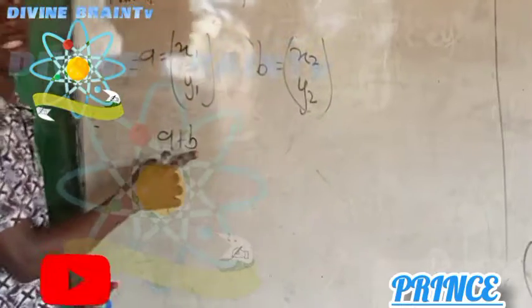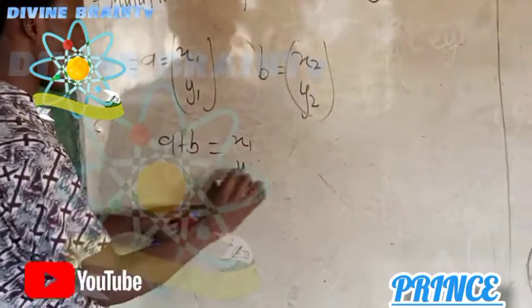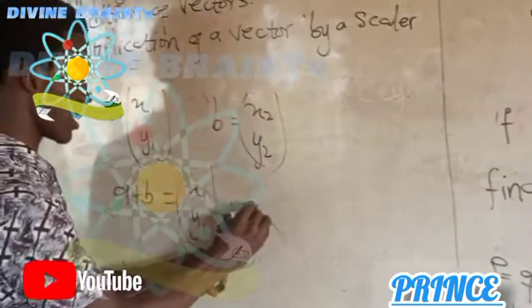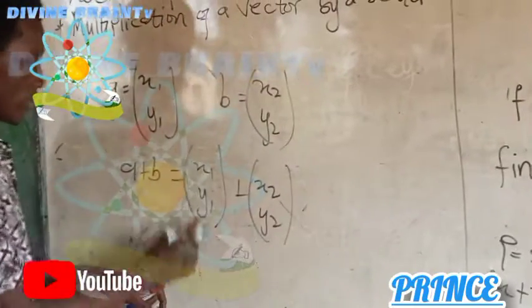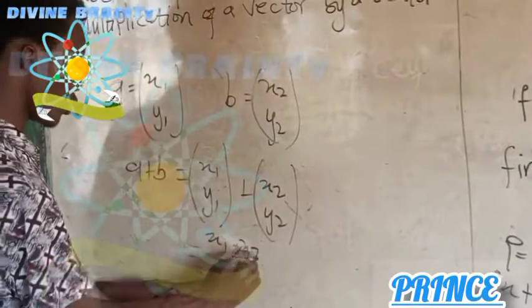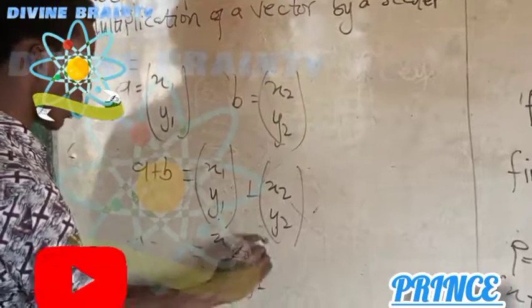To add vector A to B, that's A plus B, it's going to be (x1, y1) plus (x2, y2). Then you add this and that: (x1 plus x2, y1 plus y2).